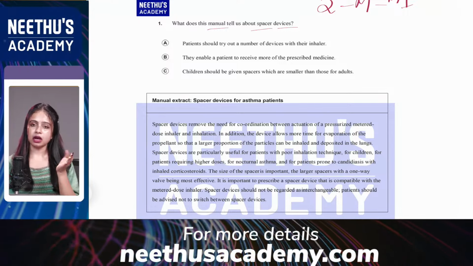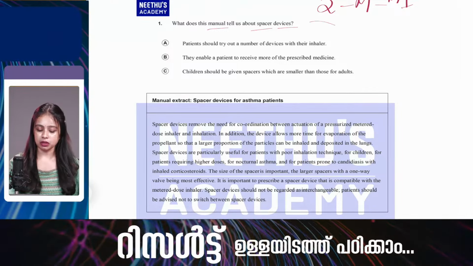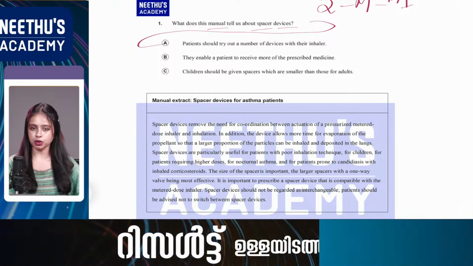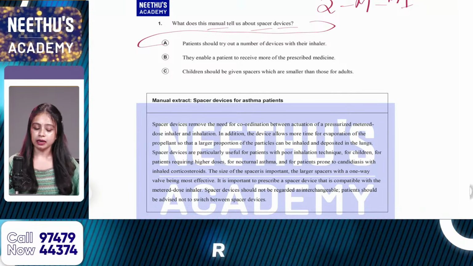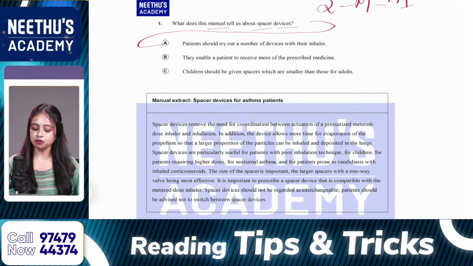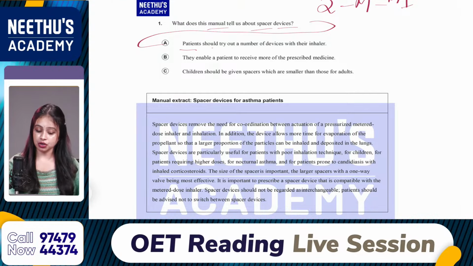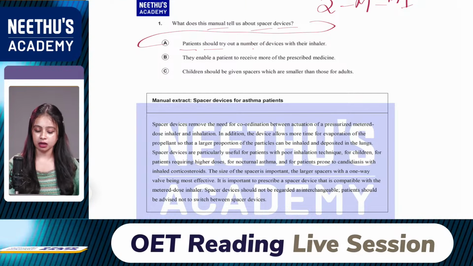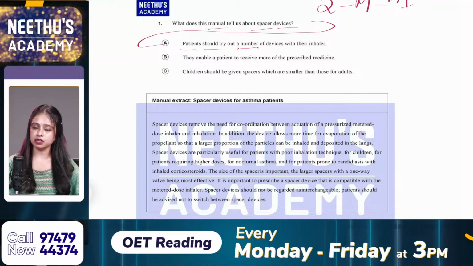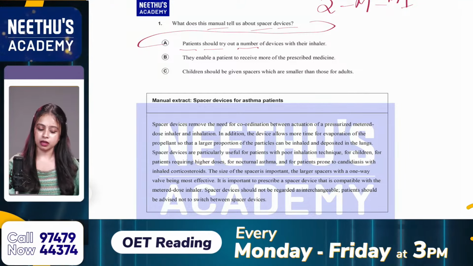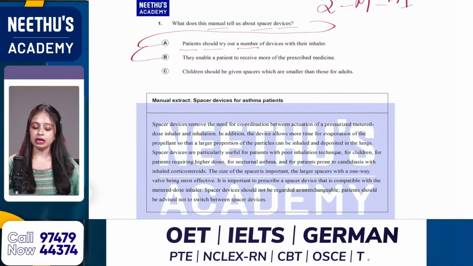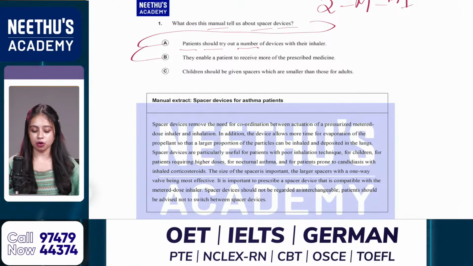Okay, then I'm connecting my question with my options. So what are the options here? Option A, patients should try out a number of devices with their inhaler. So my keywords from the first option are patients should, then number. Then what about the second one? They enable a patient to receive more of the prescribed medicine.